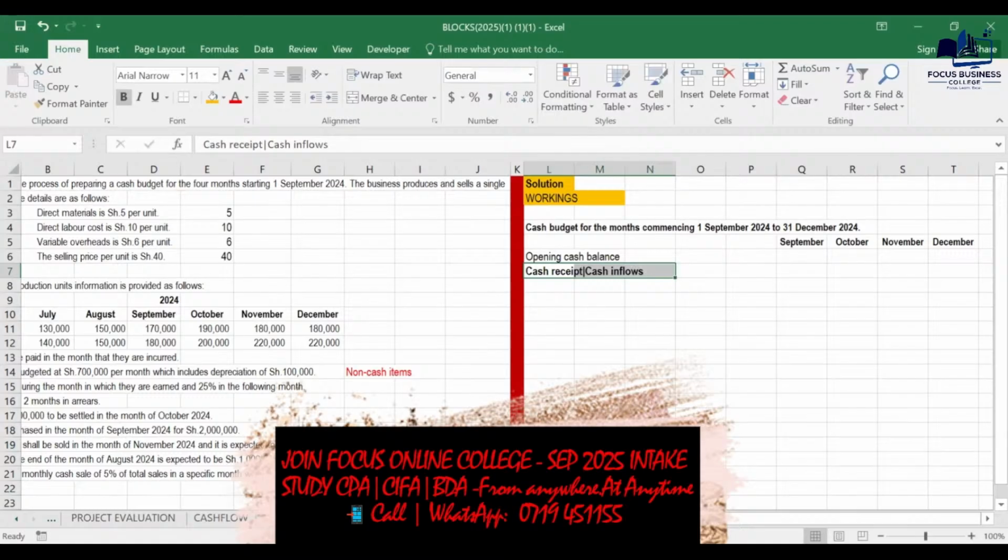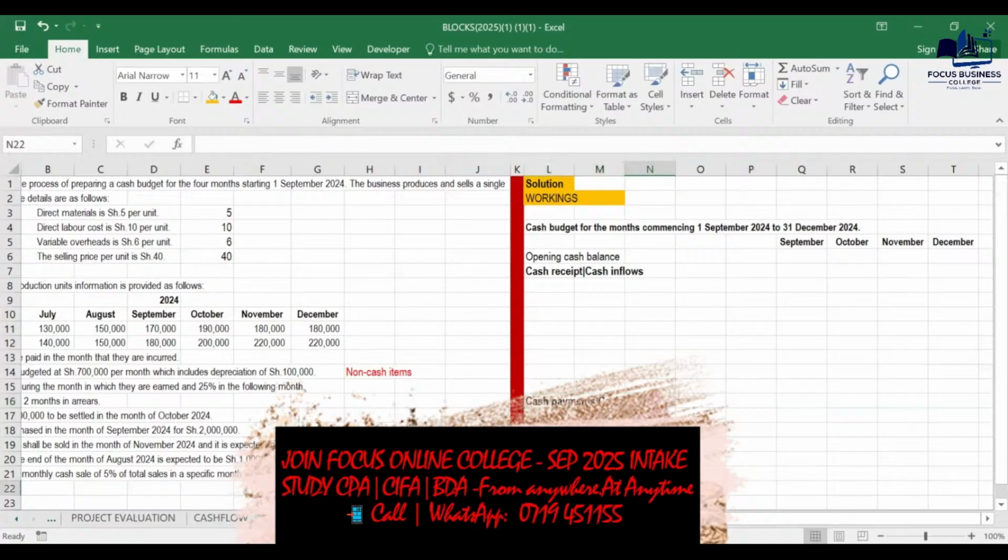And then down here, I will have the cash payments, which we also refer to as the cash outflows. Equally, we can bold this one.